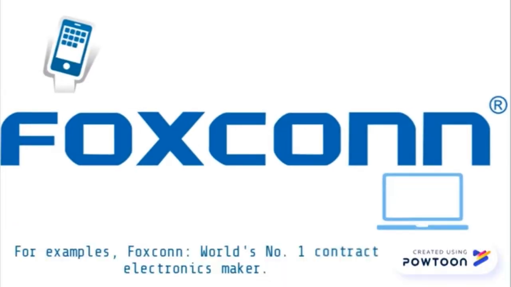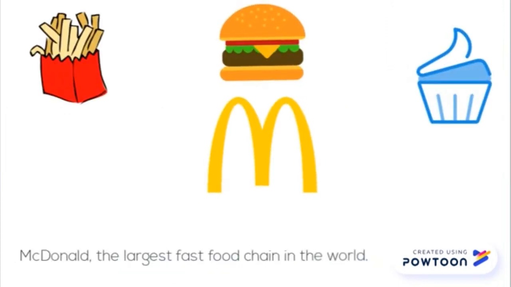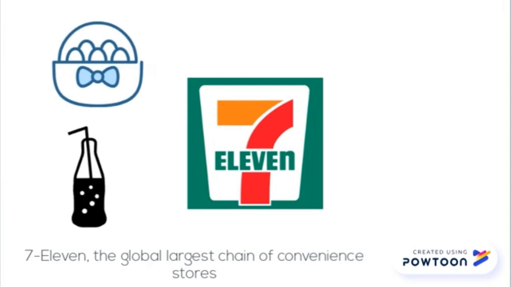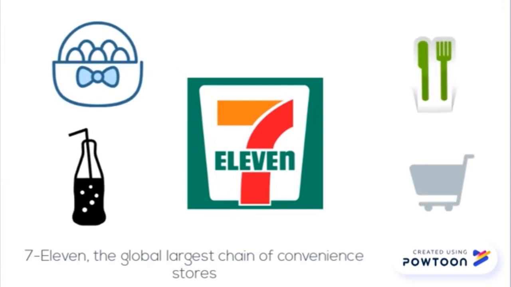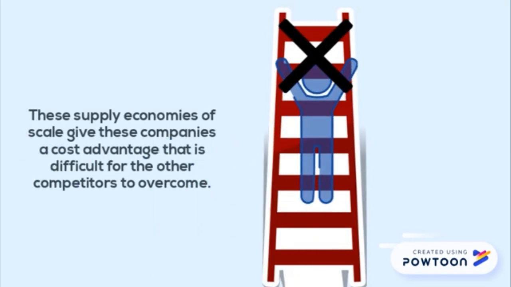For example, Foxconn, the world's number one contract electronics maker, McDonald's, the largest fast food chain in the world, 7-Eleven, the global largest chain of convenience stores. These supply economies of scale give these companies a cost advantage that is difficult for other competitors to overcome.